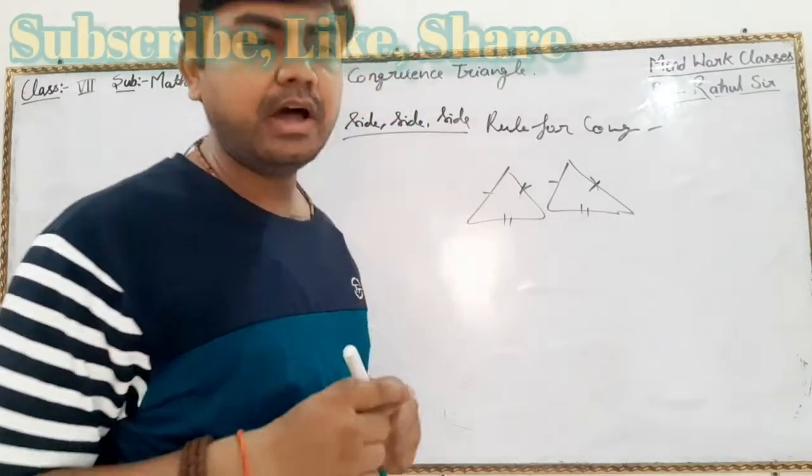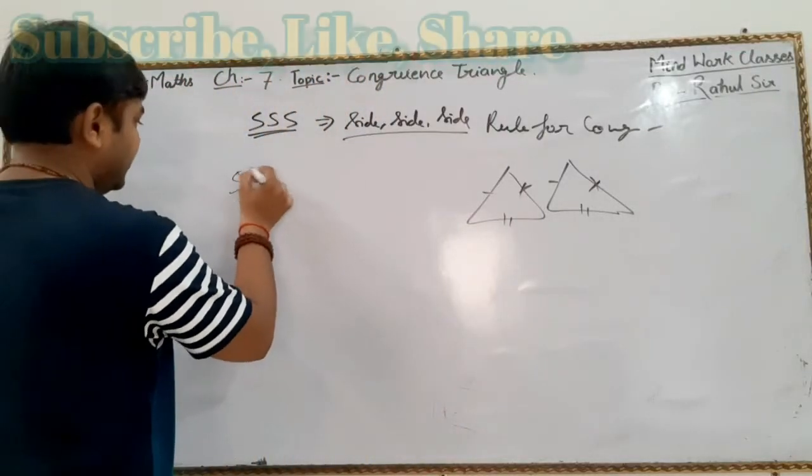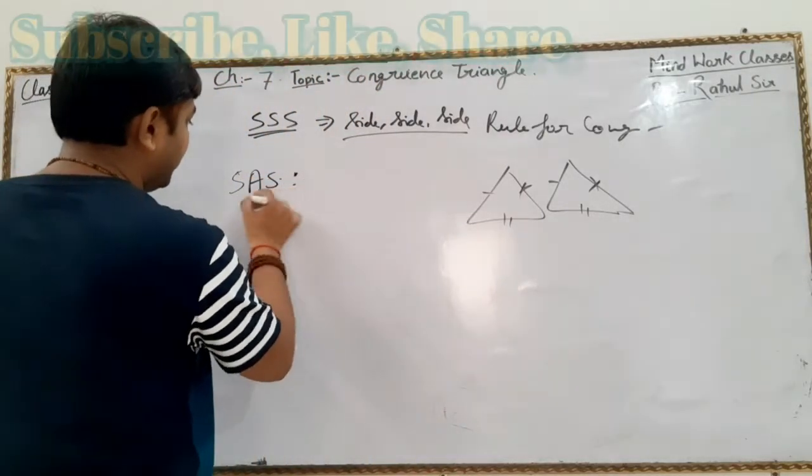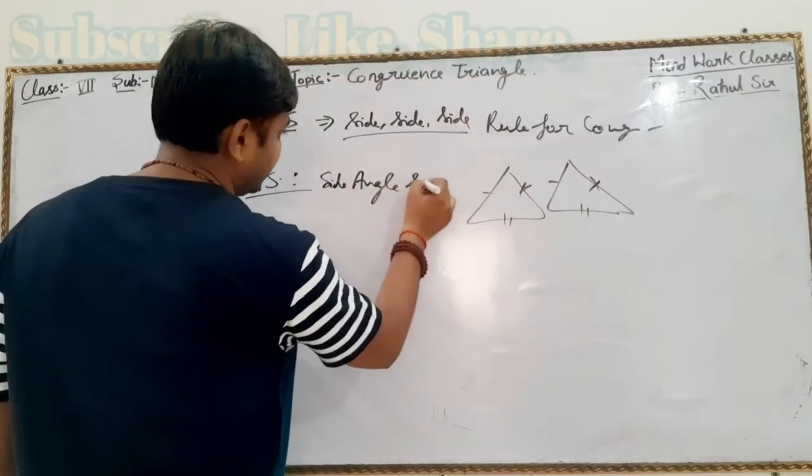Now the second point is the SAS rule. What does it signify? Side, angle, side.